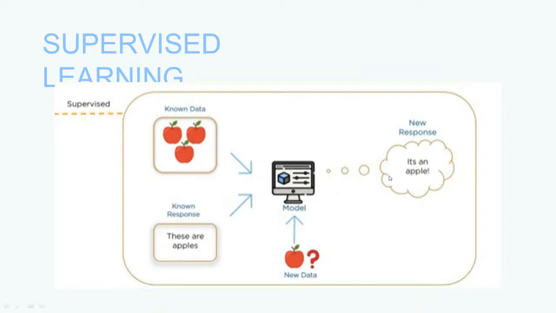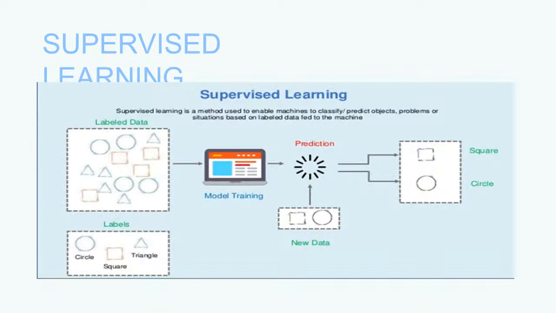Now our machine should predict it's an apple. So how will it detect? Based on this known data, it will compare the known data with the unknown data. If the features match, the labels, everything matches, then it will consider it an apple. Okay, so this we call supervised learning. In supervised learning, a teacher is there.